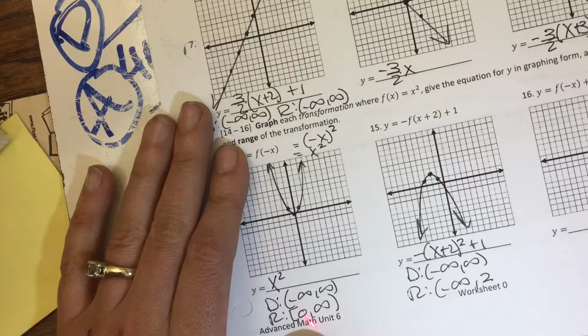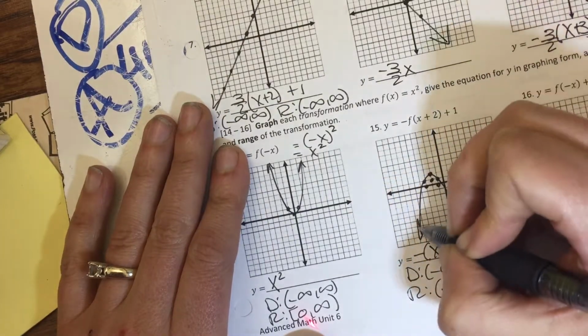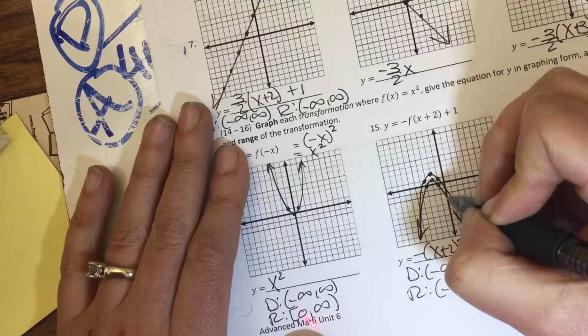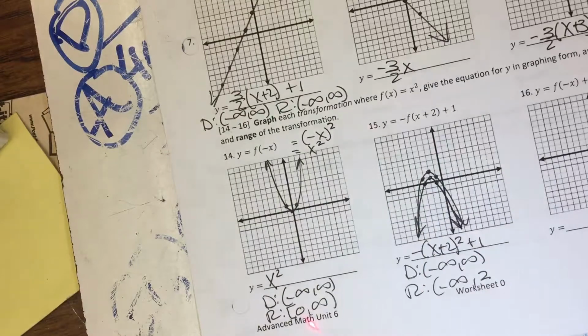Uh-oh, I went up too high. Gosh darn it. Okay, so it should have been here, giving me these intercepts instead. Okay, so I'm gonna have to fix that. It's because I knew that one. So, anyway, my bad.